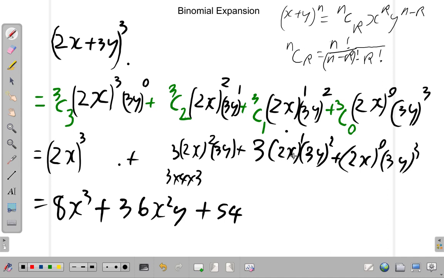So it's 54 x to the 1 y squared plus, this is going to be 2x to the 0, but when you have a number raised to the power of 0, you get 1. So it's just 1, but you don't need to write it. Times 3y cubed. 3 cubed is 27 y cubed. So that's what you get. Alright? So there you have it.